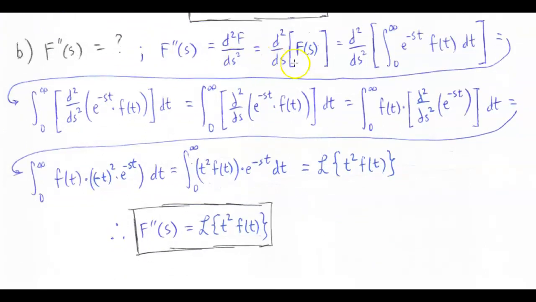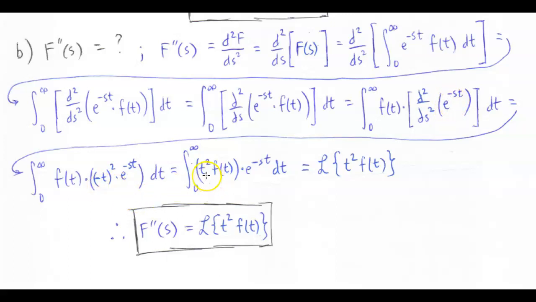So if we follow that similar pattern here, rewriting everything, and then of course switching the place of the integration symbol and derivative, and then from here, knowing that f is just going to look like a constant to this derivative operator, we go ahead and slide that in, factor out the f of t, and then just take the second derivative of e raised to the minus st. We take the second derivative of it, it'll just be minus t times minus t e raised to the minus st, which is what you see here.